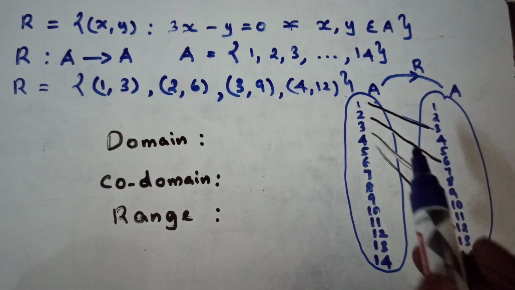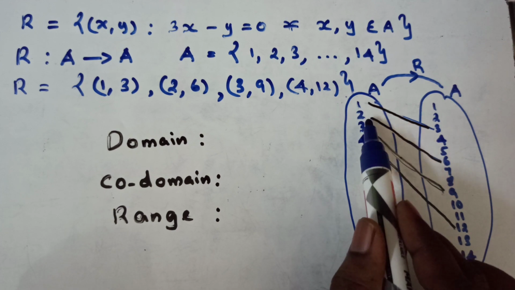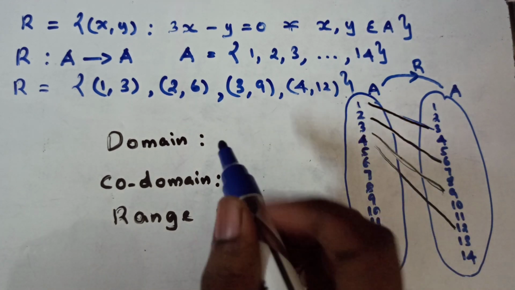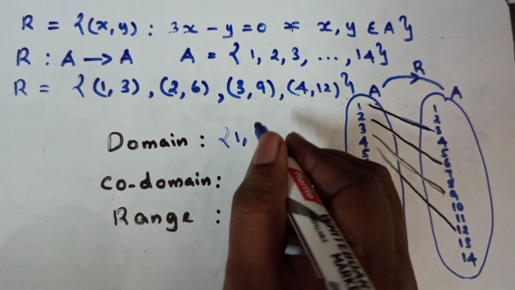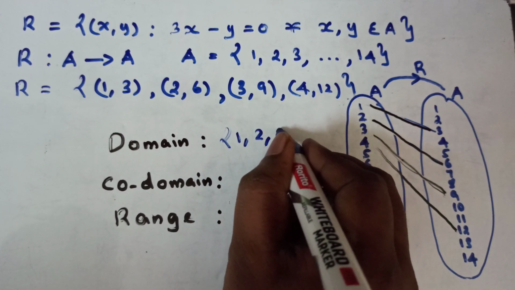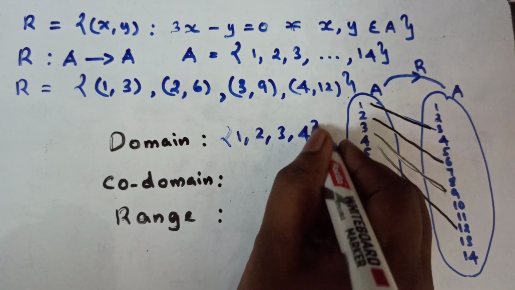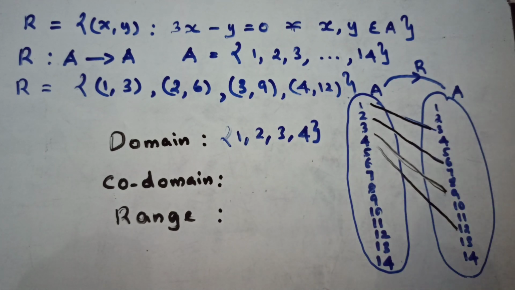Now all the input values 1, 2, 3, and 4 are the domain. And all the elements of the second set are the codomain.